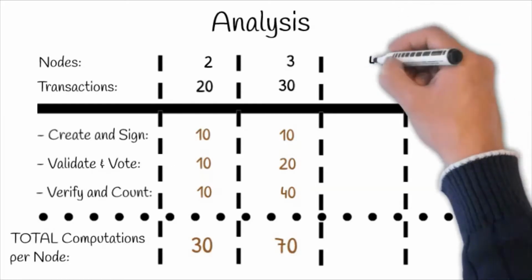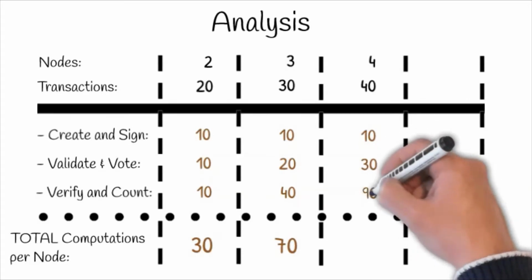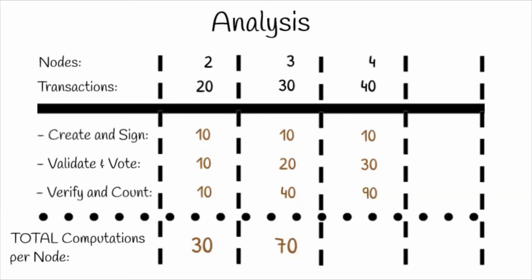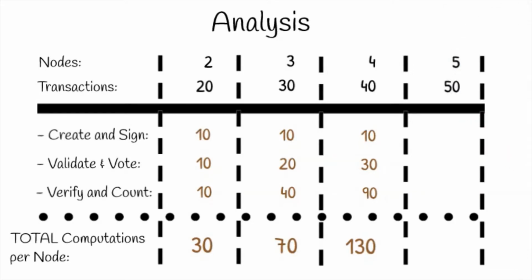With 4 nodes, there are now 40 transactions. Each node creates and signs its 10 and has to validate and vote on 30 transactions. But this means it has to verify and count 90 votes, which leaves a total computations of 130. If the network expands to 5 nodes, there are 50 transactions.